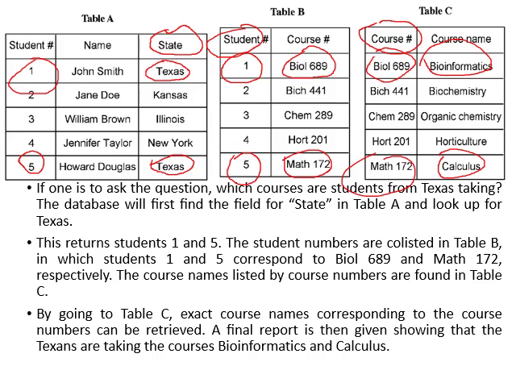So the end result shown by the database will be bioinformatics and calculus. The final report on the screen will show that the students from Texas are taking courses bioinformatics and calculus.